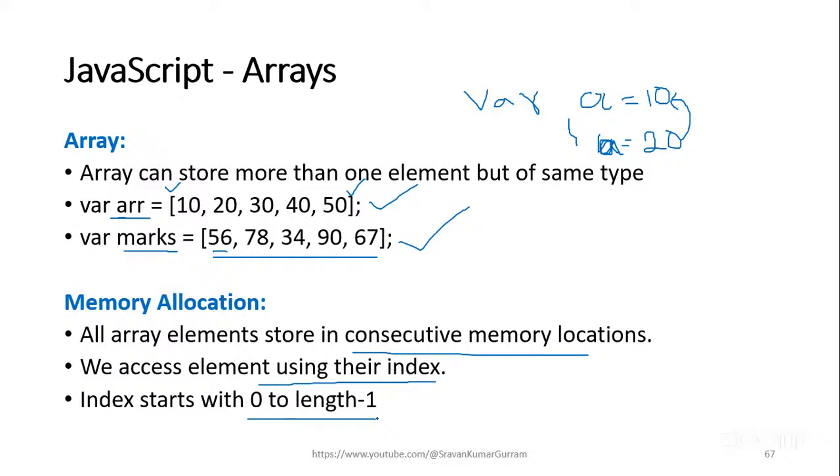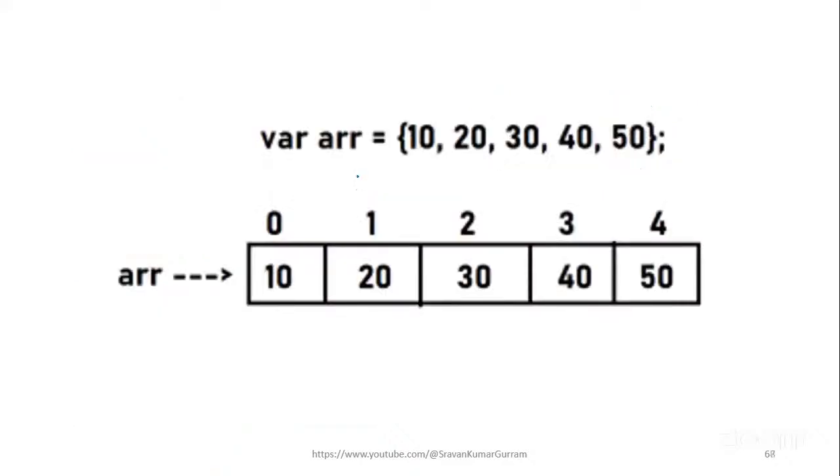For example, see this. I am creating an array by using this statement: var array assignment 10, 20, 30, 40, 50 separated with commas, all integer values. Don't use mixed values. Now, the first element is always indicated with index 0. That is fixed.